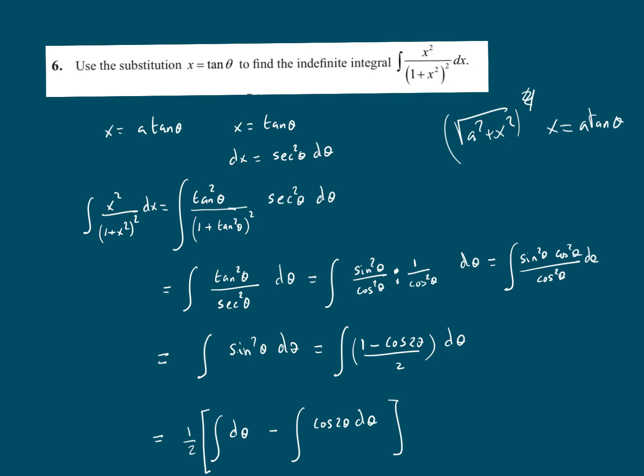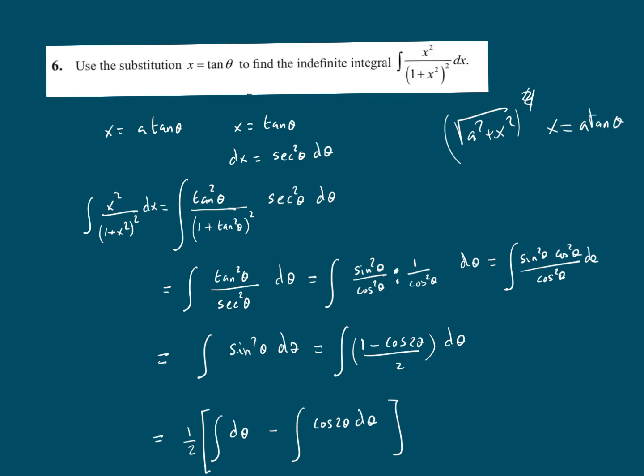So dx is secant square of theta d theta. So we plug in the information. X squared divided by 1 plus x squared, everything squared, dx: x squared is a squared tangent squared of theta, but a is 1. So tangent square of theta over (1 plus tangent square of theta), everything squared, multiplied by dx, but dx is secant square of theta d theta.